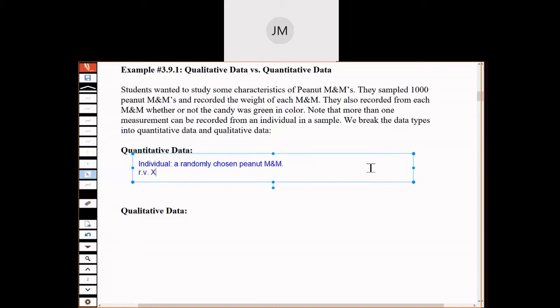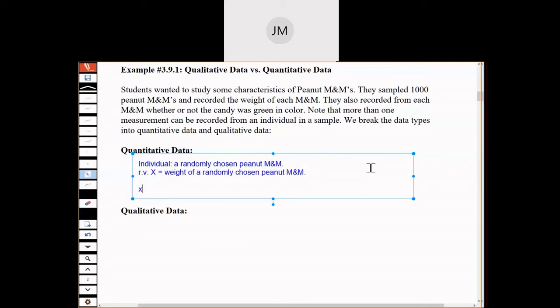Our random variable x, okay, remember quantitative is the numeric side, and when I look at the things that I'm writing down, the weight of an M&M is going to be a number that I write down, okay? So that's going to be the weight of a peanut M&M.